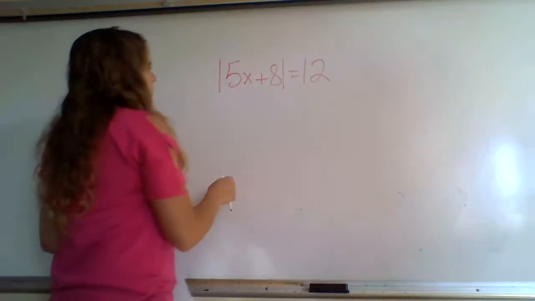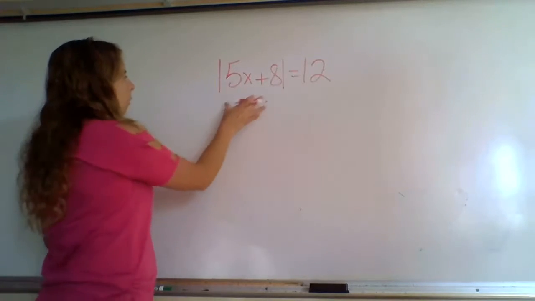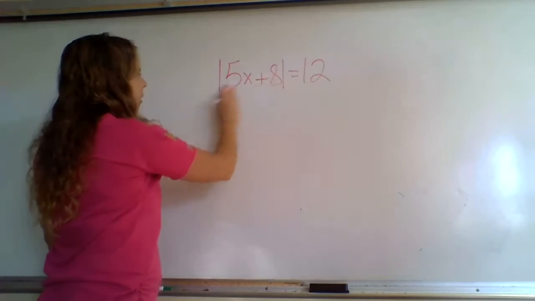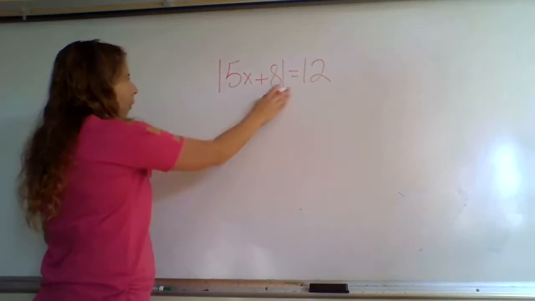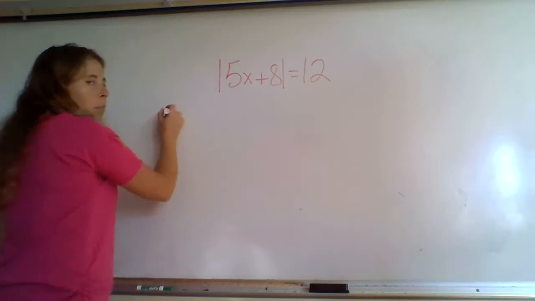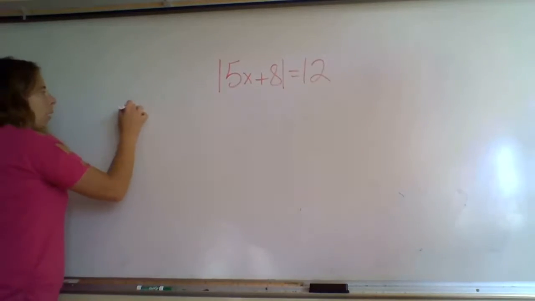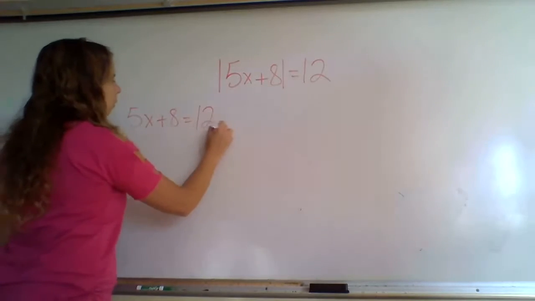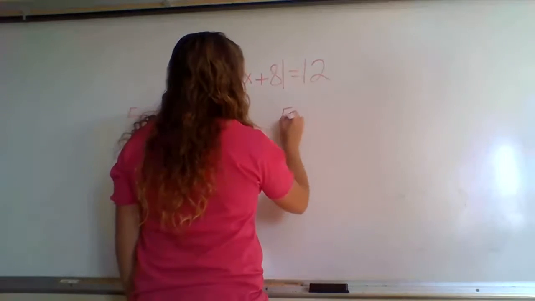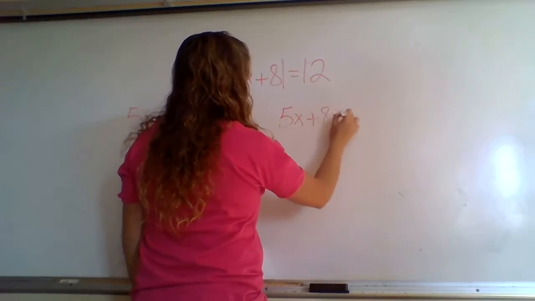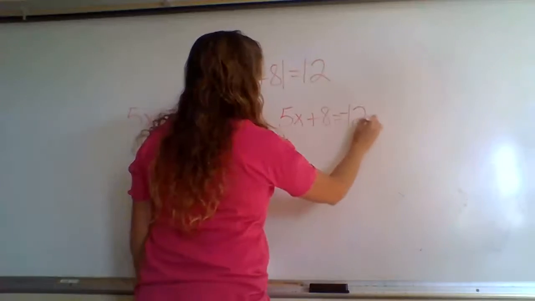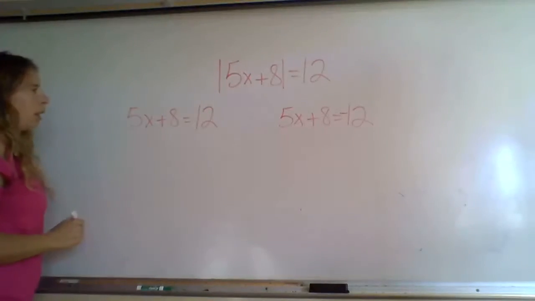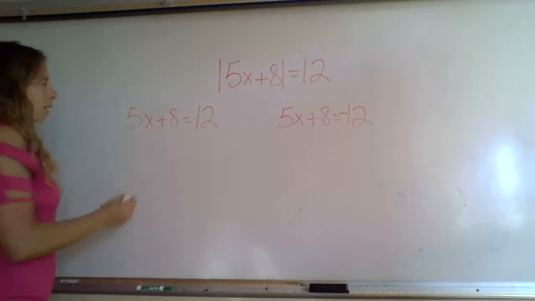Whatever is inside the absolute value, and there's nothing else on the outside, we're just going to set it equal to positive and negative. 5x plus 8 equals positive 12. 5x plus 8 equals negative 12. Positive and negative. Then just solve both equations for x.